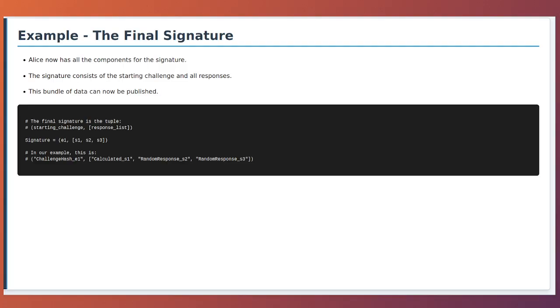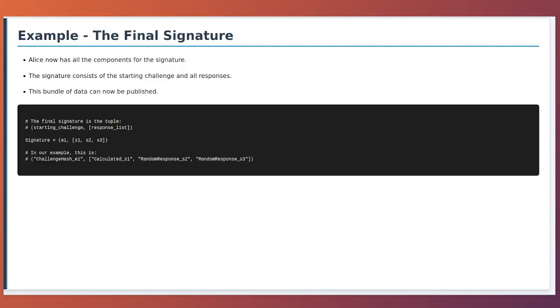Example: the final signature. Alice has now computed all the necessary components. She has the starting challenge, E1, and all 3 responses: her specially crafted S1, and the random S2 and S3 for Bob and Carol. She bundles these together to form the final signature. The signature is the pair of the starting challenge and the list of responses.